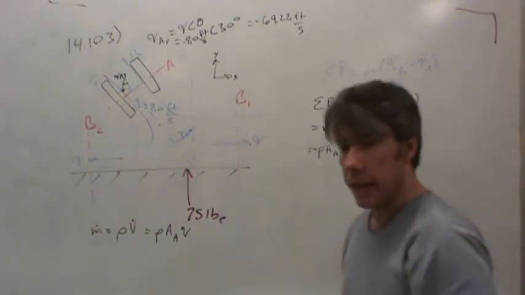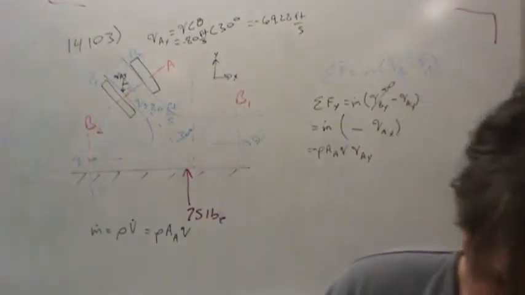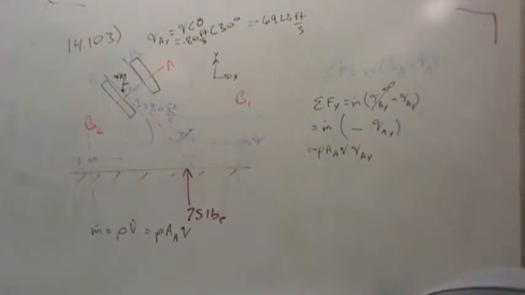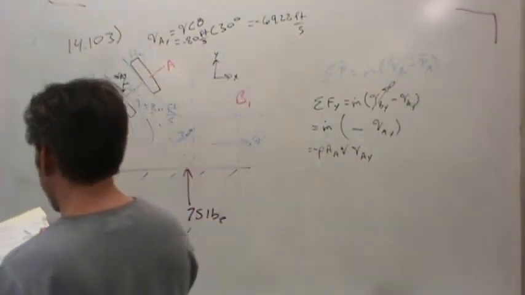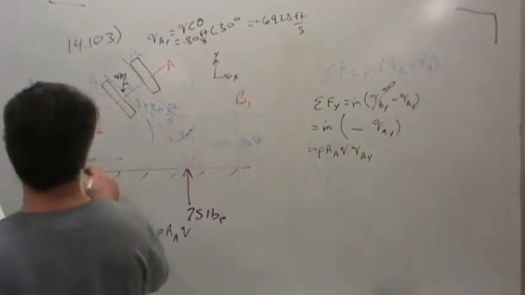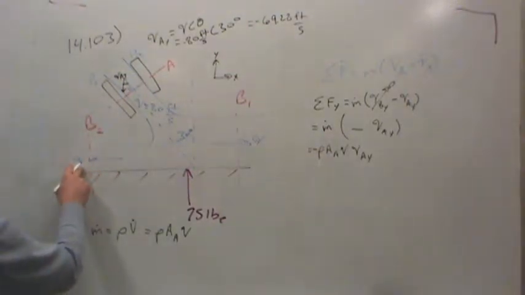Now, let's see. What did they ask us to find? I'm getting lost here. Let's find out. I should have written that down, thanks. It's Q1 and Q2. So we need to know the flow rates. They've called this 1 over here.